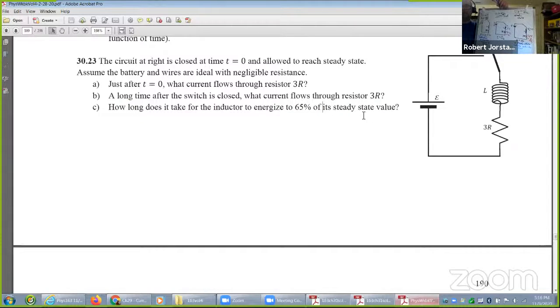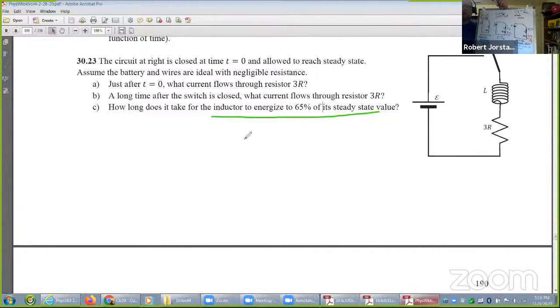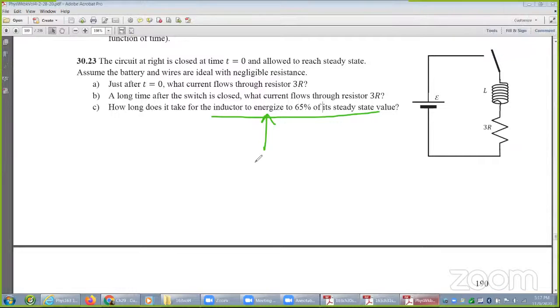you could argue it's a poorly worded question. When you read this, it's unclear what they mean. If it says to energize, what does that make you think of? What parameter? The current flow. You could think of current flow.